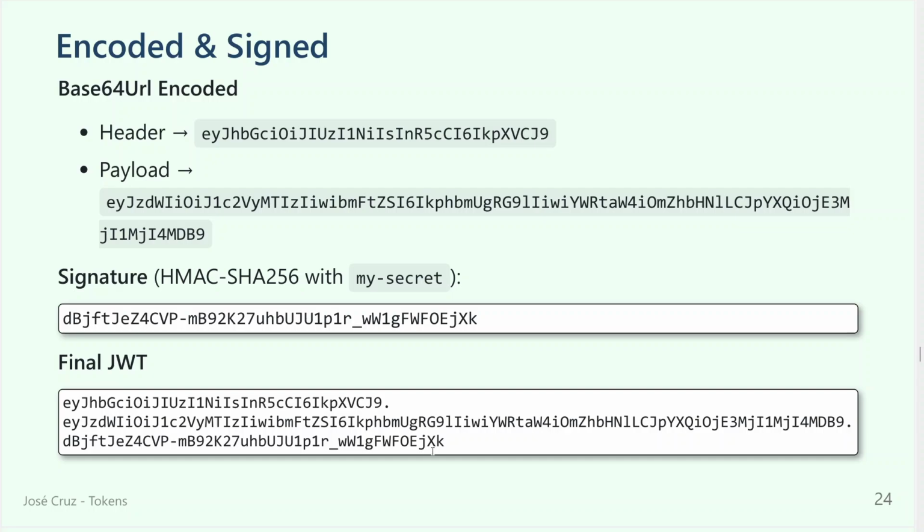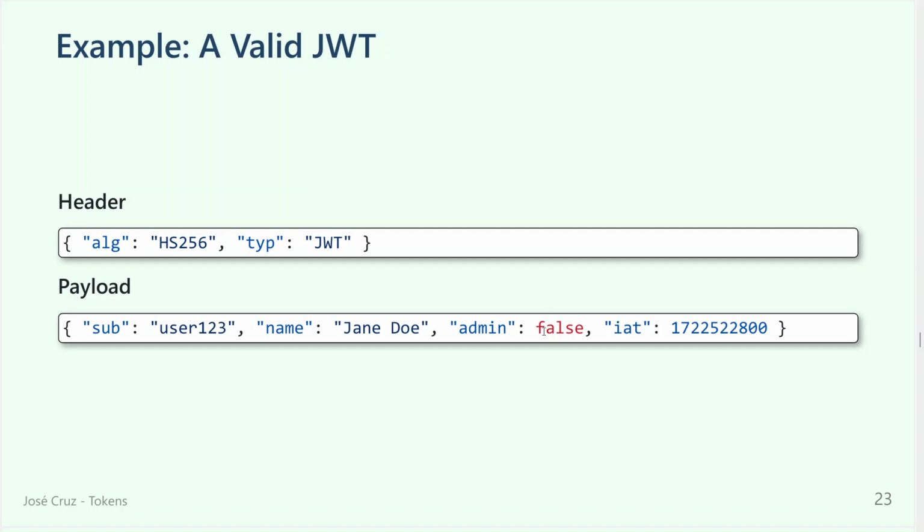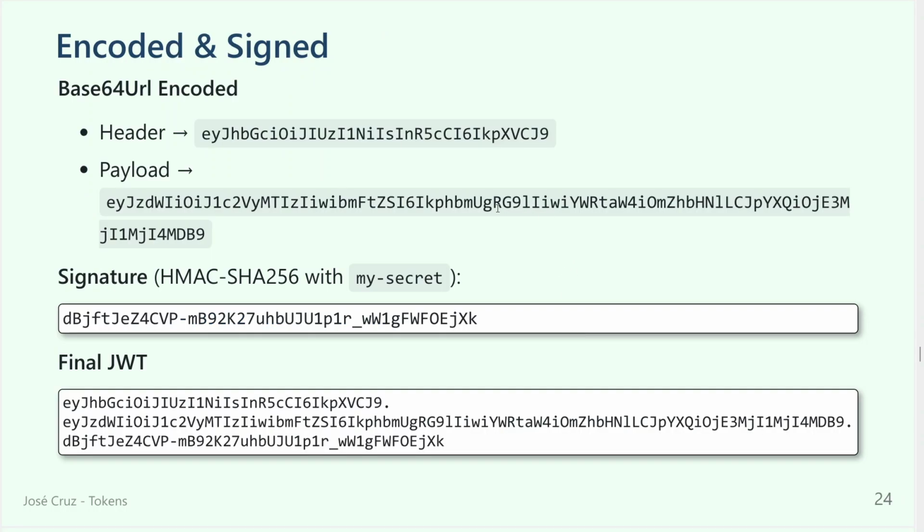So it means that if you don't know the secret, imagine that you have a secret that you concatenate to a string, and then you hash it, and then you put it here, just for a simple explanation. So if someone changes something here, this base 64 code will be different.